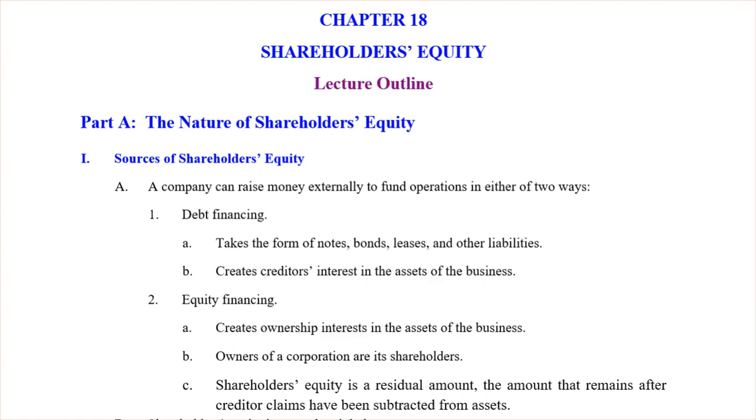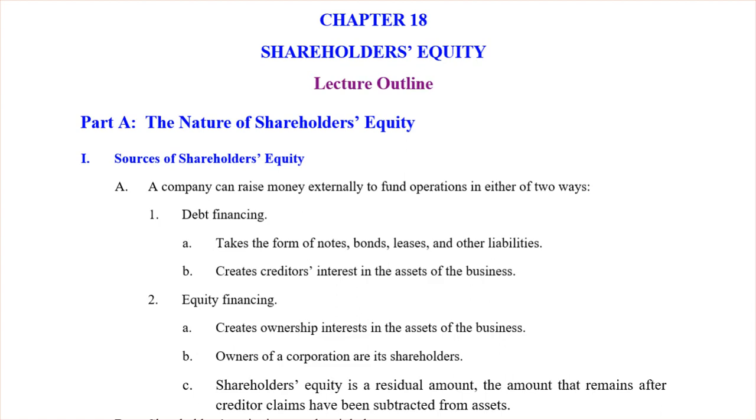You notice in part 1 it says the sources of shareholders' equity, and it says that, well, first you can actually receive money or get money in to fund yourself from two sources, and that would be equity and debt.